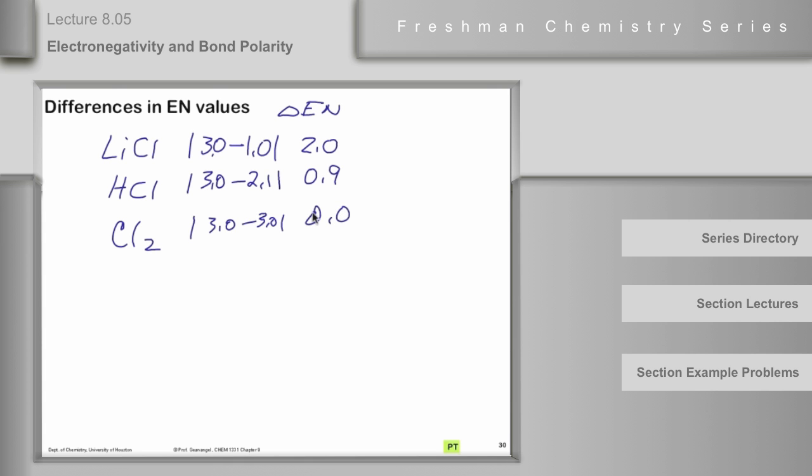Now, the general rule for using delta electronegativity to give us a feeling for the bonding character of the compound is that 50% ionic character marks the line between ionic compounds, which are higher than 50%, and covalent compounds, which are less. If you look at these particular compounds, I looked up the percent ionic character.